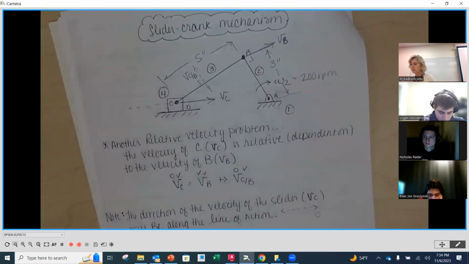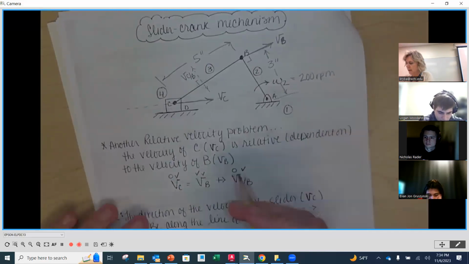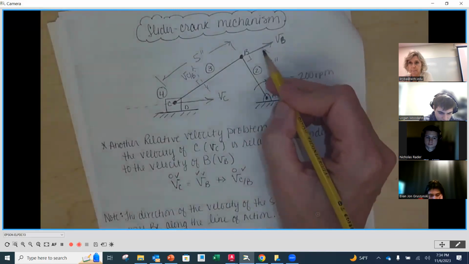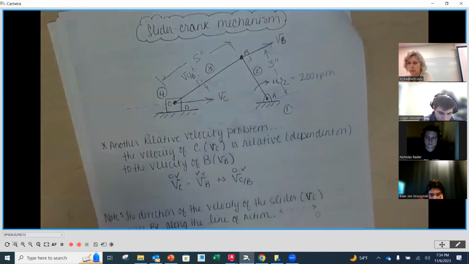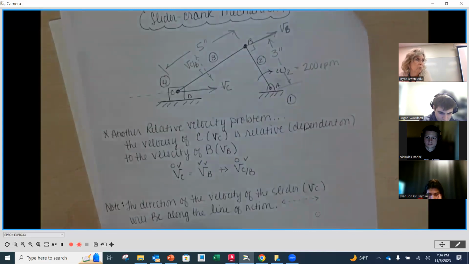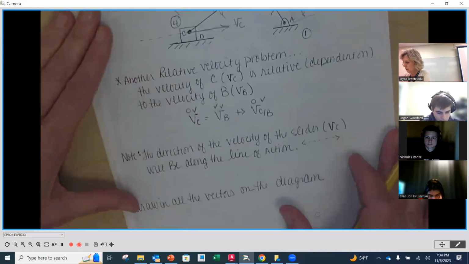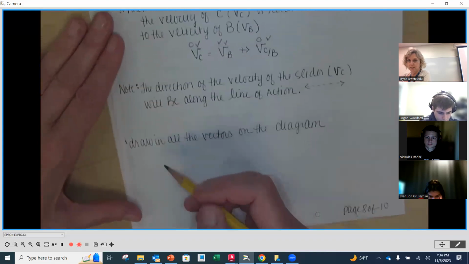So let's first calculate the magnitude of velocity at B right here. And then we're going to do our sketch of our vector equation one more time before we get into using some AutoCAD. Okay. So velocity of B, I'm going to use some space down here.